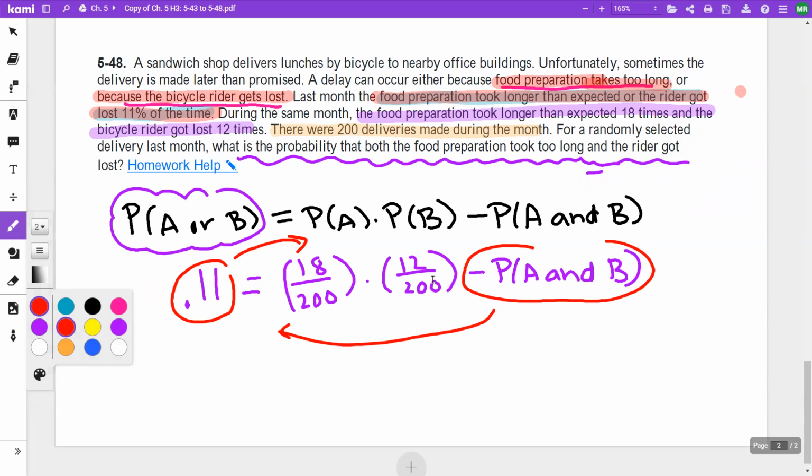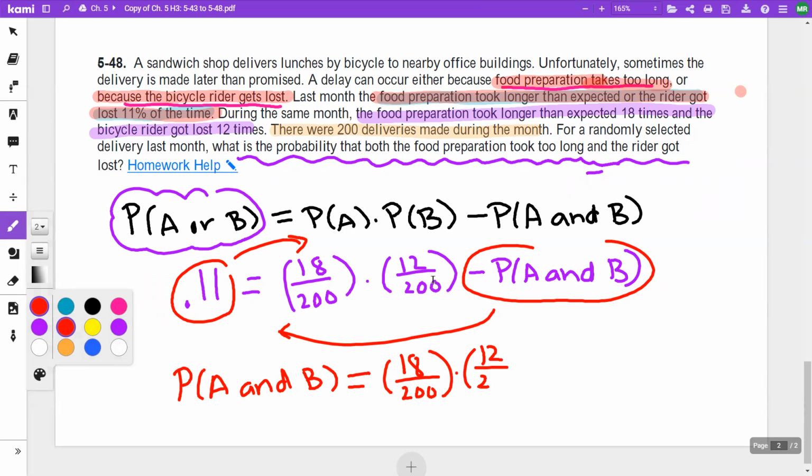So I'm going to add the probability of A and B on this side as a positive. And I'm going to keep my 18 out of 200 and my 12 out of 200. And the 0.11, I'm going to minus. And you're going to do that math in your calculator, and that's going to give you the answer.